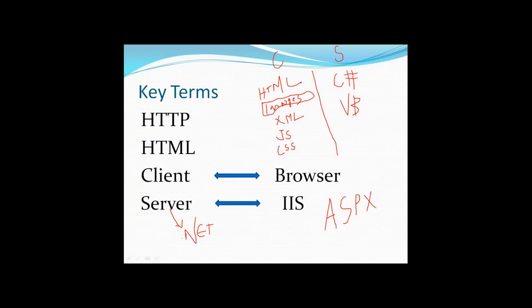Because the extension of the files where this markup will be created is ASPX. That's why we use the ASP.NET-based client-side scripting, which in general terms is your markup language, and this is called your ASPX file in .NET, because it contains ASP code.